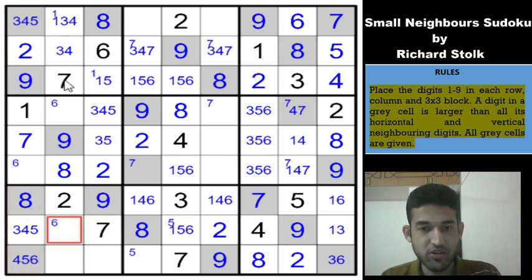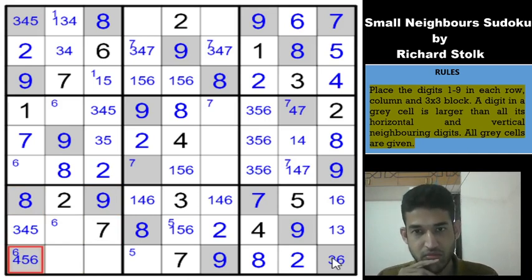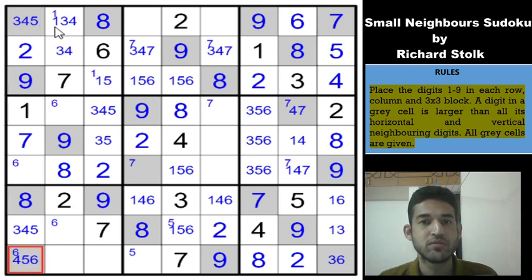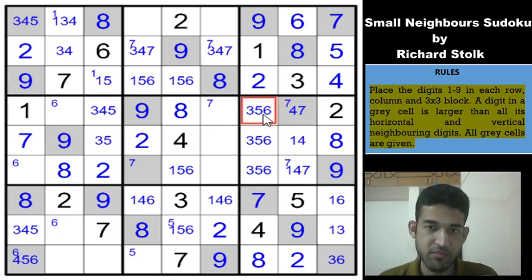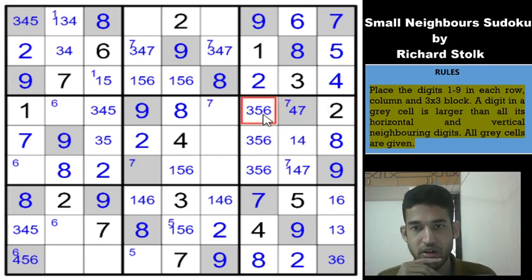So 6 has only 2 cells in box 7. This would have to be greater than all these 4 cells. Okay, so this can still be a 4 and this can be a 3. There is no problem in that.